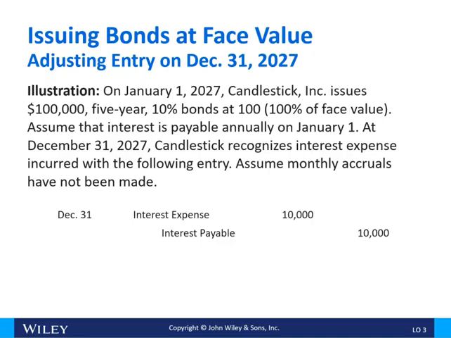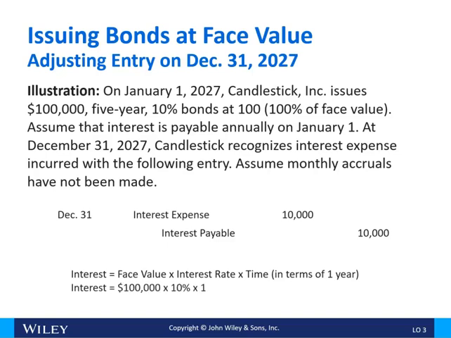Same entry we did when we looked at notes payable and we accrued interest. And how we calculate interest is the same way as well. Interest is equal to the face value times the interest rate times time in terms of a year. So in this case, $10,000 is $100,000 times 10% times 1 year.